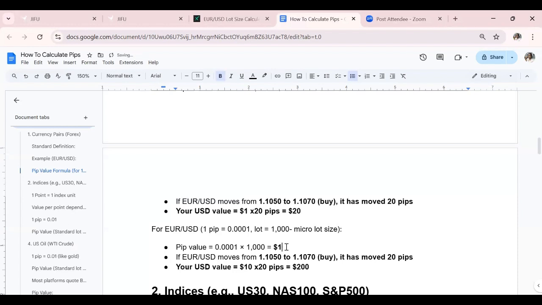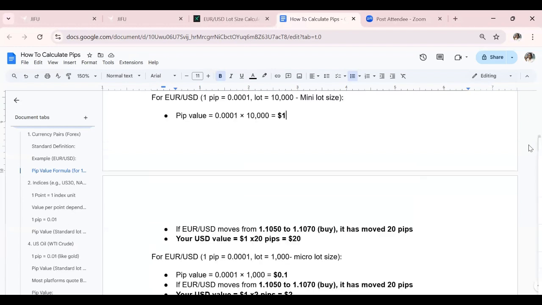So this will be 0.1. And then 20 pips movement will be $2. So is it easier to understand now? Yes.